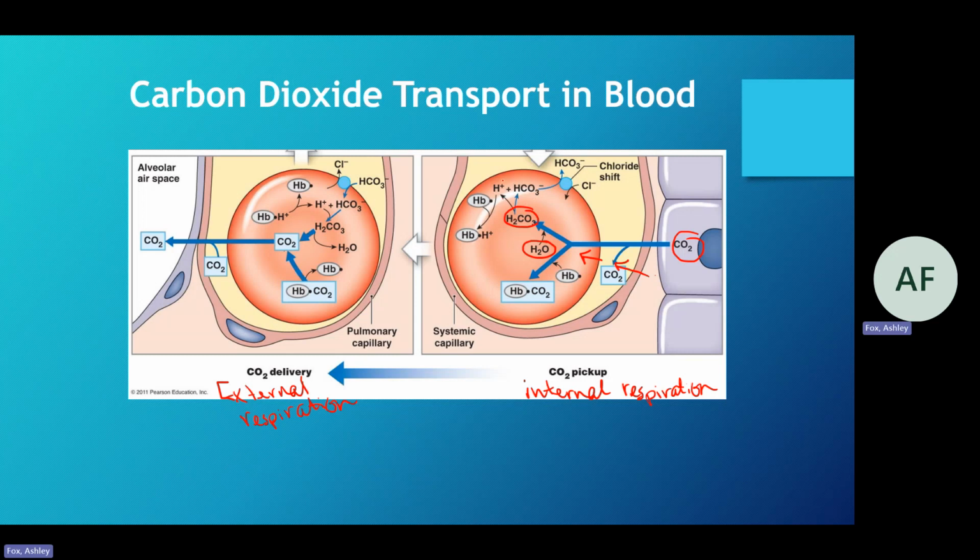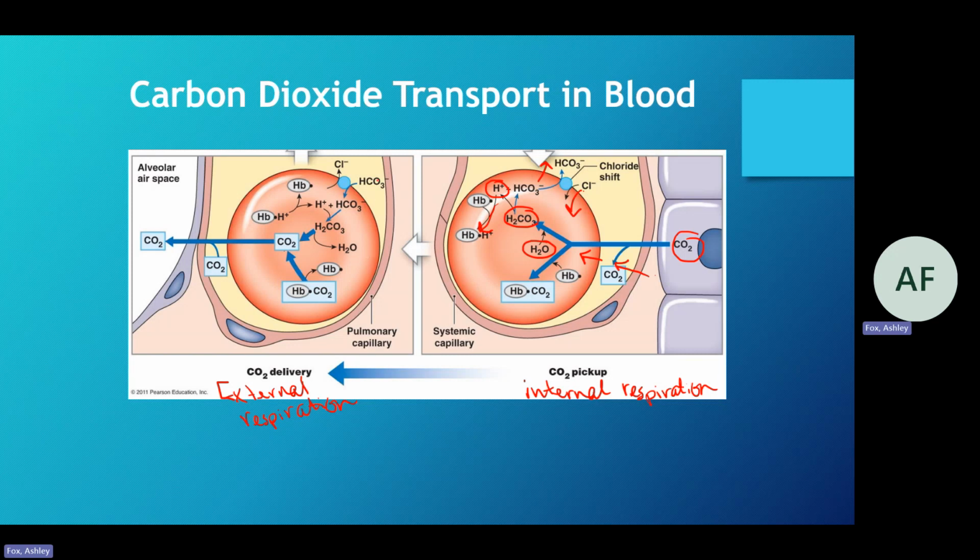That splits into a hydrogen ion, which stays with hemoglobin, stays with the red blood cells, and a bicarbonate ion that leaves and goes back into the plasma. And since you're losing that negative charge, we need to make sure we equalize it. So chloride's going to move in, in the chloride shift.